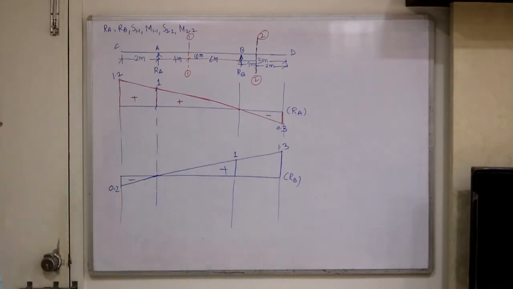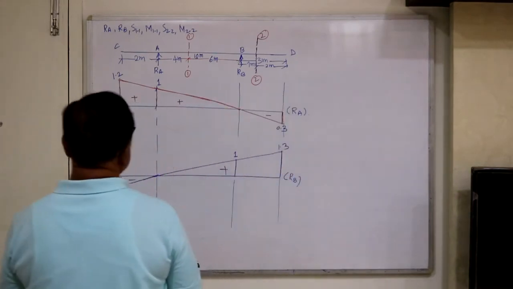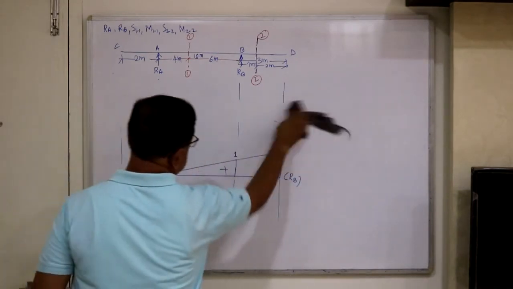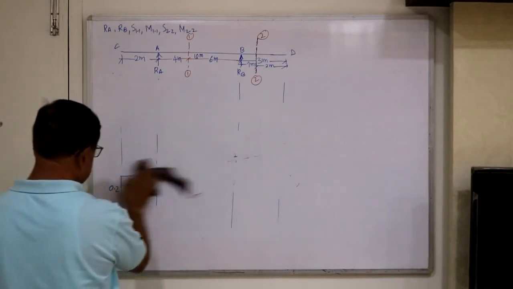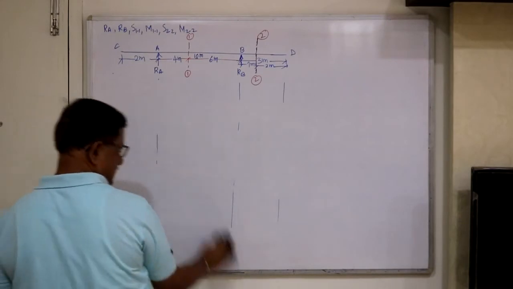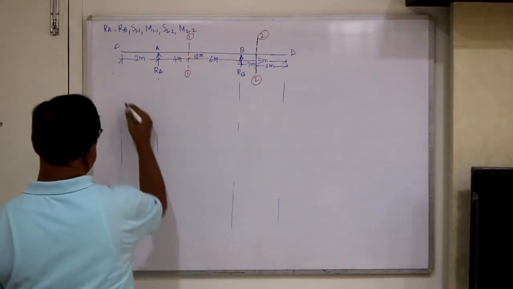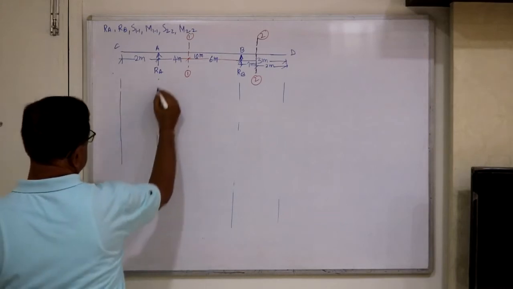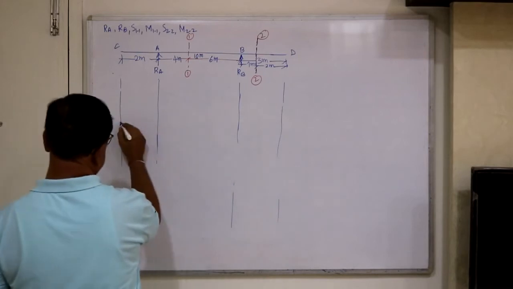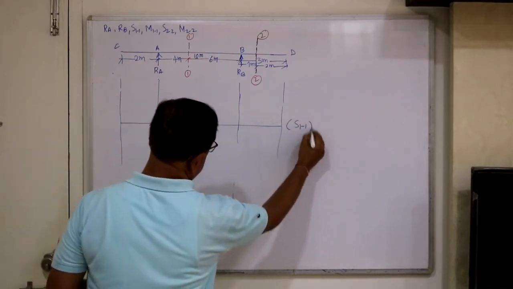Next, let's draw ILD for S11, shear force at section 11. Actually, knowing the ILD for RA and RB, we will directly get that ILD, but use Müller-Breslau principle. So let's write S11.